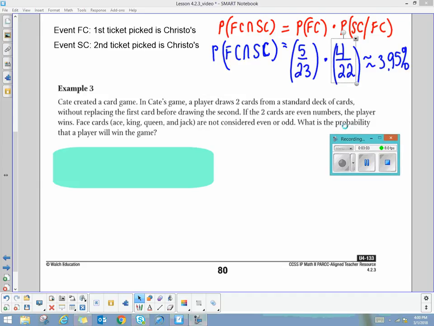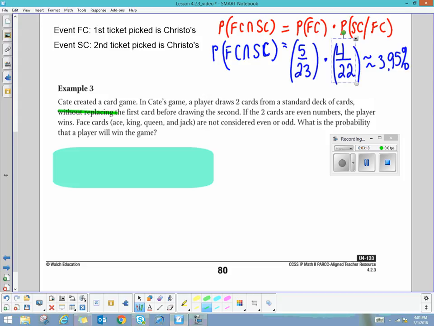So basically, Kate has created a game. A winner is determined by the fact that 2 even cards are selected. Again, we want to make note that this is without replacement of the first card. So again, we're going to use that dependent formula. Another thing that's good to know is that face cards are not going to be considered even or odd.